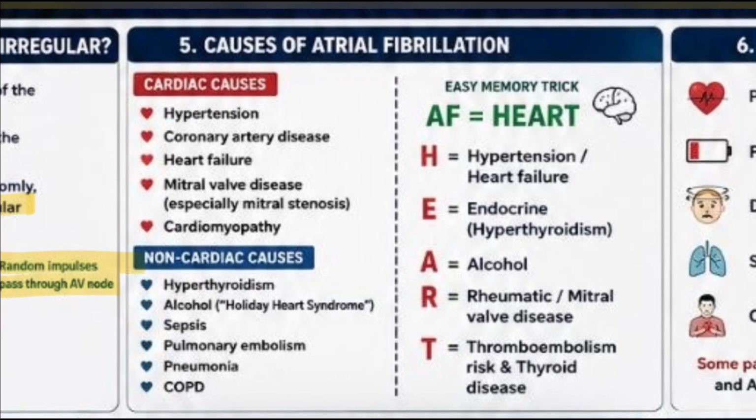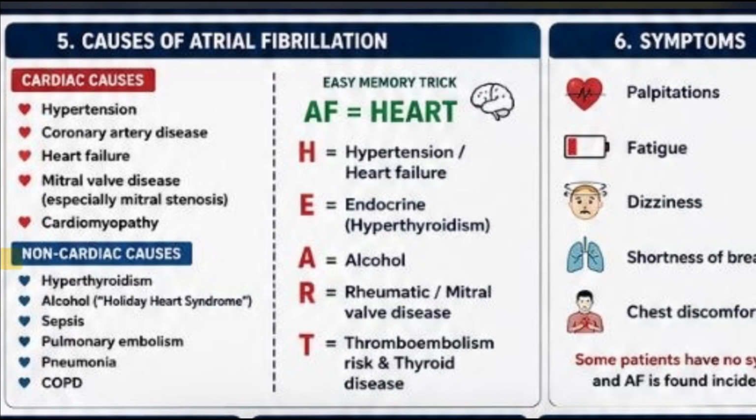Next, the causes of atrial fibrillation. We can see two different types of causes: cardiac causes and non-cardiac causes. Cardiac causes include hypertension, coronary artery disease, heart failure, mitral valve disease, especially mitral stenosis, which is narrowing of the mitral valve, and cardiomyopathy.